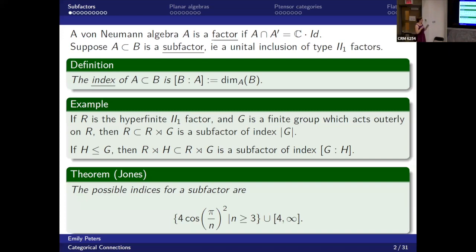For example, this is the real black box in this talk, the hyperfinite II_1 factor. It's a limit of finite dimensional things with a certain closure. But what's nice about it is that any finite group has an outer action on this, and also that it is unique: anything that you construct as a limit in this way is the hyperfinite II_1 factor. So it's kind of the unique small thing, and all your groups act on it.